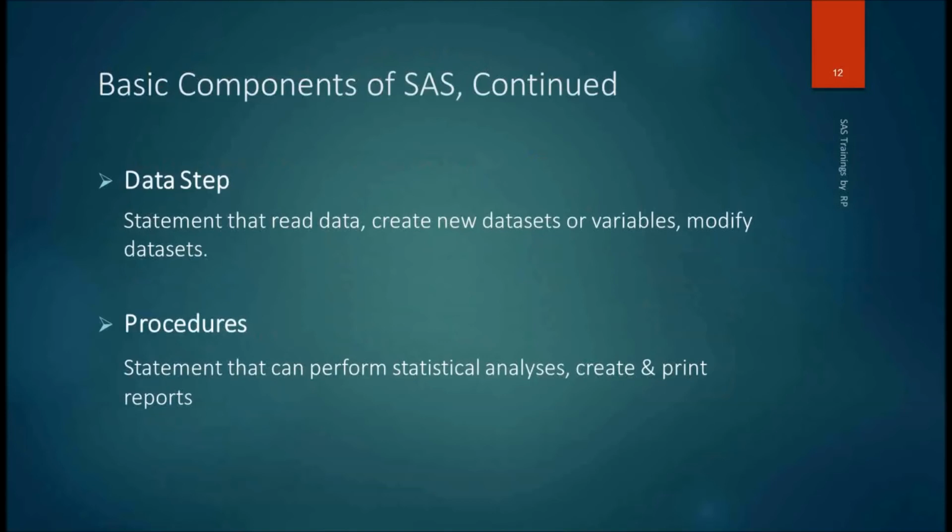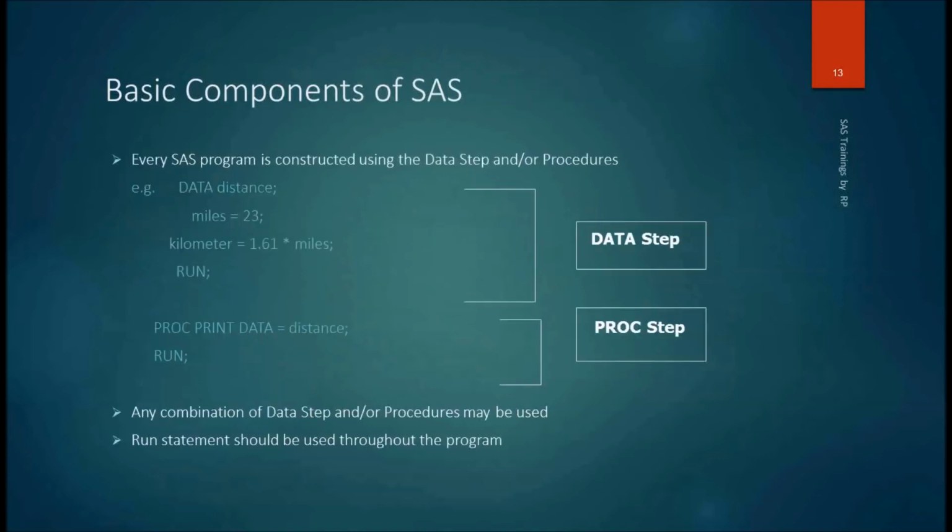Basic components of SAS, continued. A data step is a statement that can read the data, and create and modify existing data. Whereas a procedure is also a statement, but it performs some statistical analysis method and creates and prints the reports.